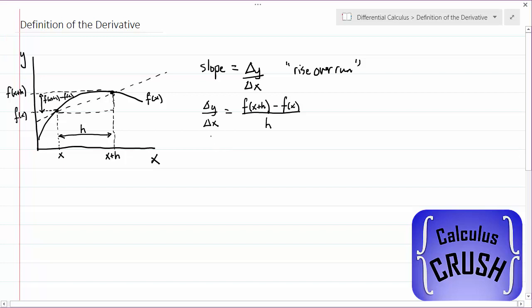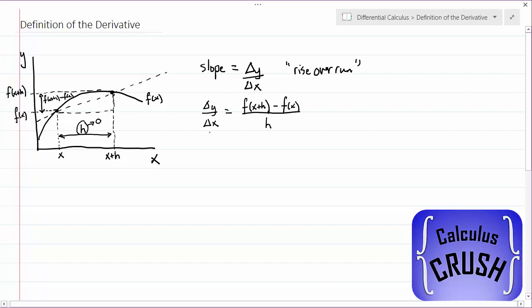So this would be the slope of a line that connects 2 points separated by a distance h. Now, to calculate the derivative, all we want to do is take this h and make it go to 0. If h is 0, then the second point and the first point are the same point. So in order to do that, we need to use the concept of limits.